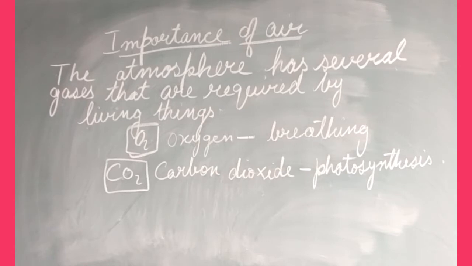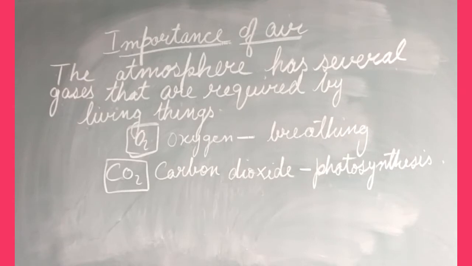Neon is one type of gas, used in neon signs. And argon is filled in the electrical bulb. So you have seen that in this atmosphere there are several gases.